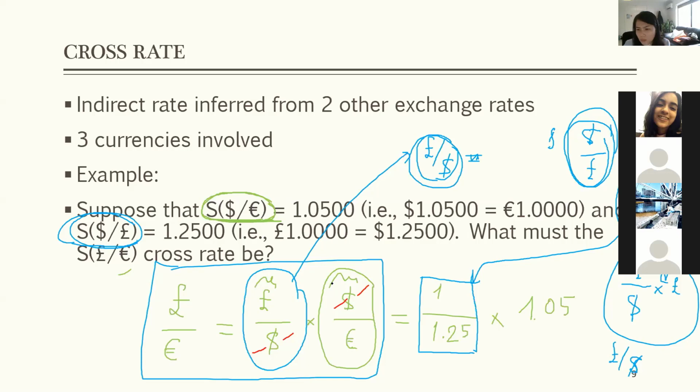For the second part, as we mentioned before, it will be taken directly from the question. So if I take 1.05 divided by 1.25, that would be my pound over euro exchange rate.